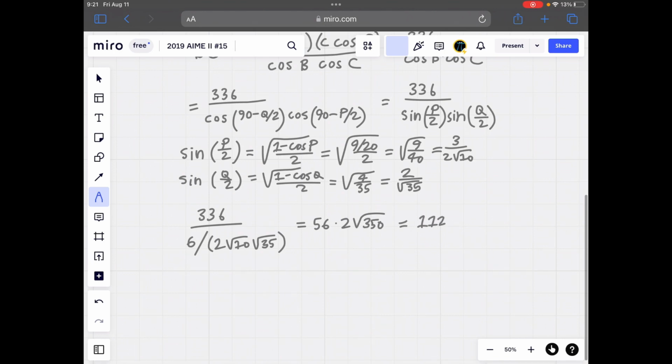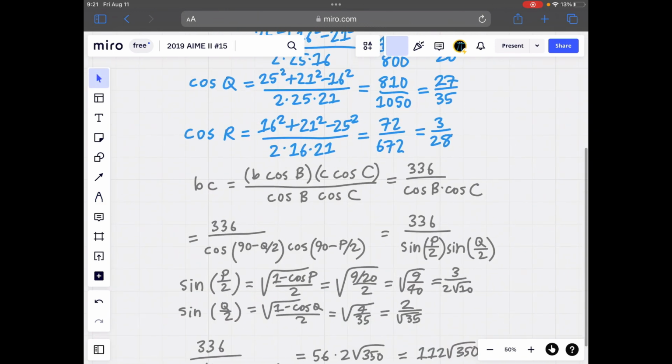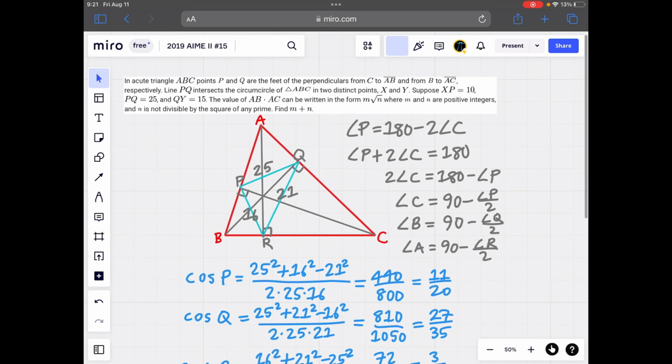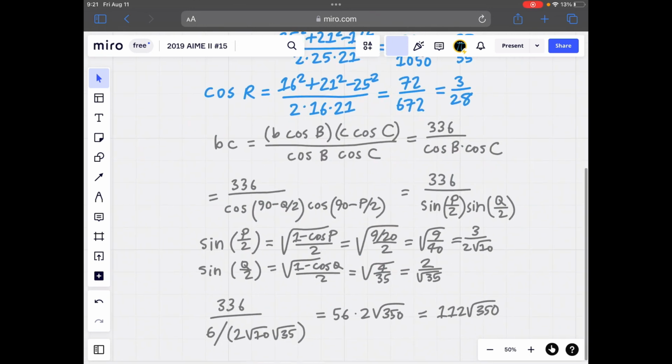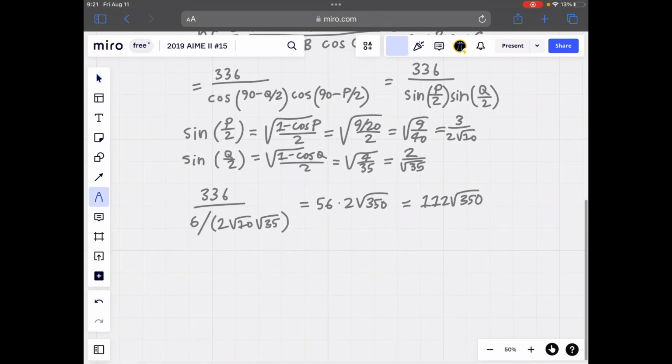And that's equal to 112 root 350. We want this in purely simplified form, where n is not divisible by the square of any prime, but in this case 350 is. It's 14 times 5 squared. So if we get rid of the 5 squared by multiplying 112 by 5, we get 560, but at the same time, we have to divide 350 by 5 squared. That's the only way to keep the number equal. So it's 560 root 14.